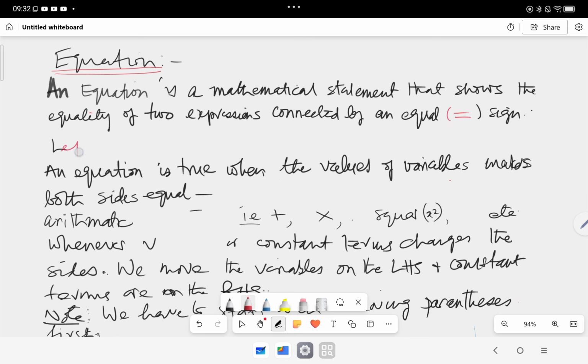The left hand side must be equal to the right hand side.